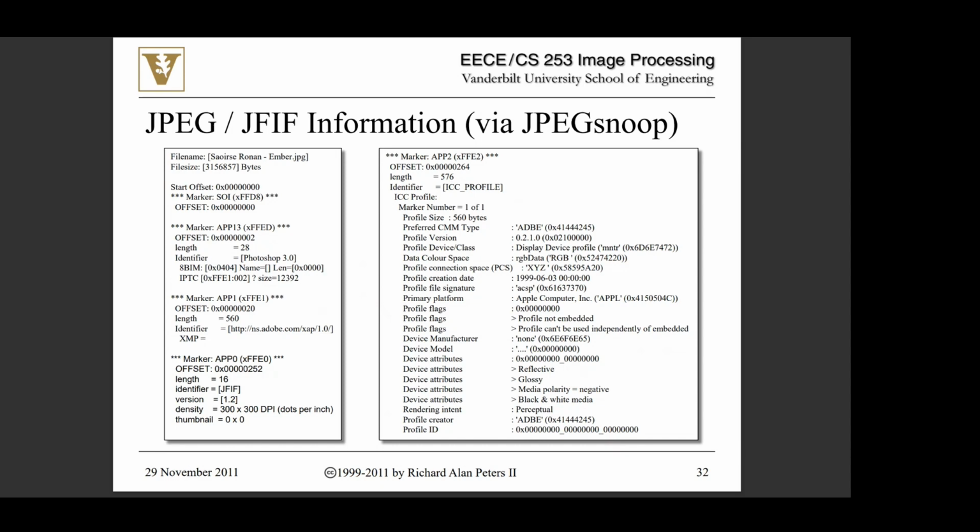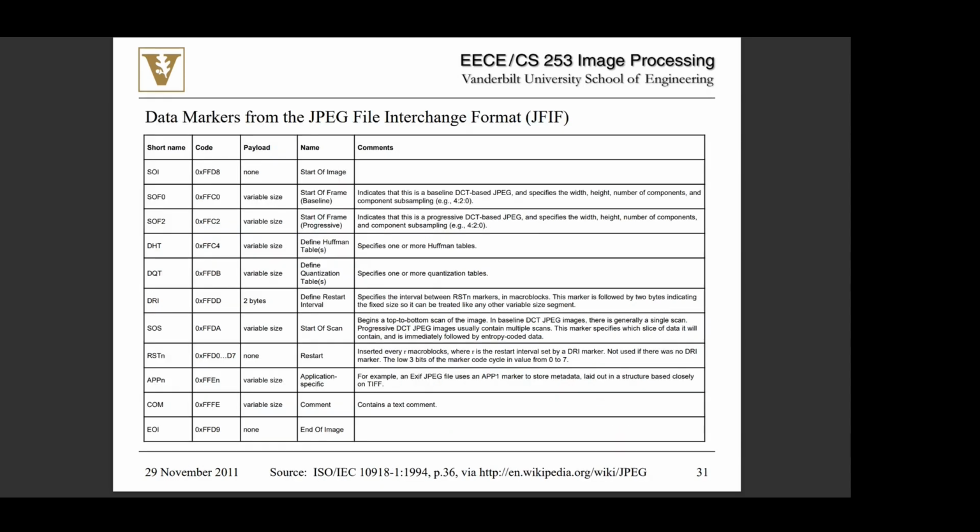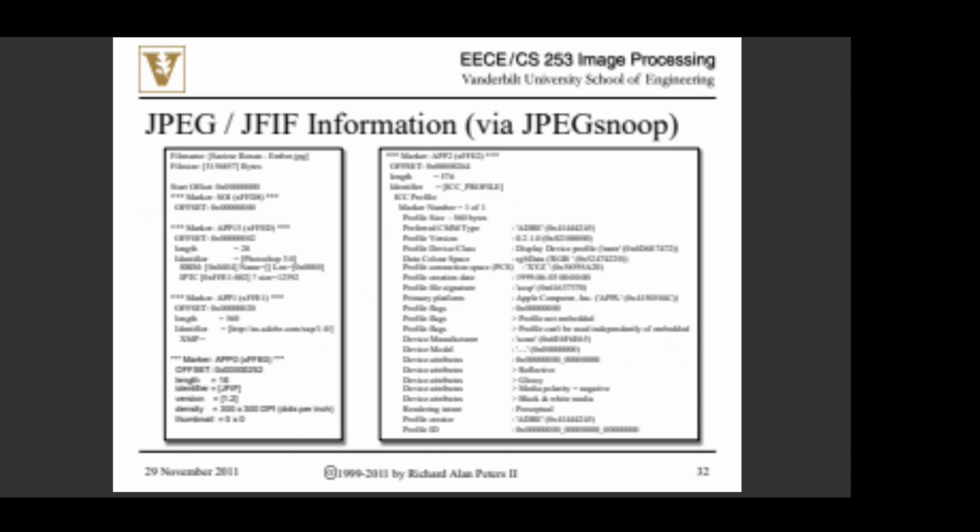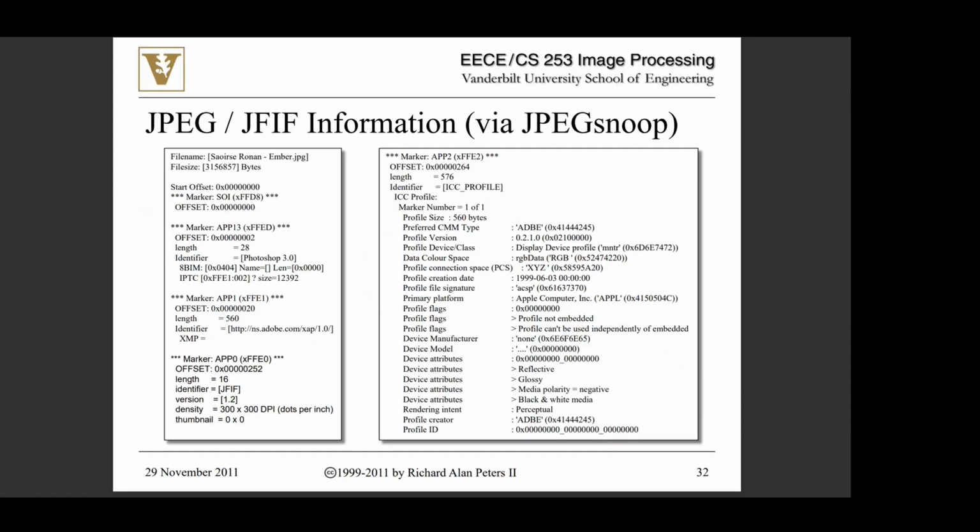We can look for what APP13 is. APP13 is application specific, and in this case it was Photoshop 3.0. So Photoshop puts FFED, but some other program puts something different there. And then you keep adding more and more labels, flags, tables, whatever.